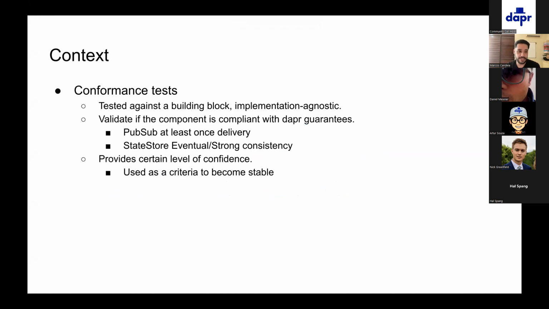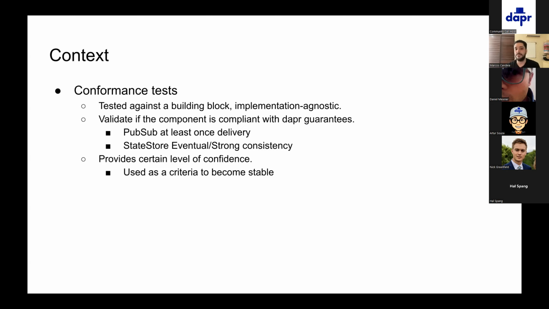So first we should add a little bit more context about conformance tests. What are the conformance tests, and what are they for? First, conformance test is used to test against a building block. And when I say building block, I'm also saying that it is implementation agnostic. So it doesn't matter if the building block is backed by Redis or Kafka.